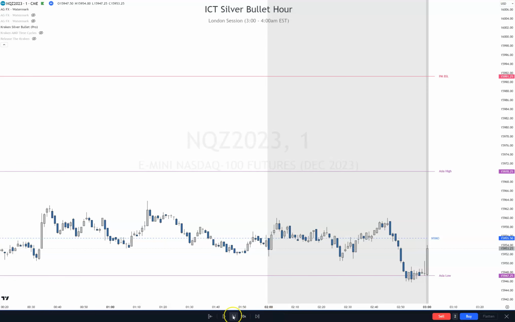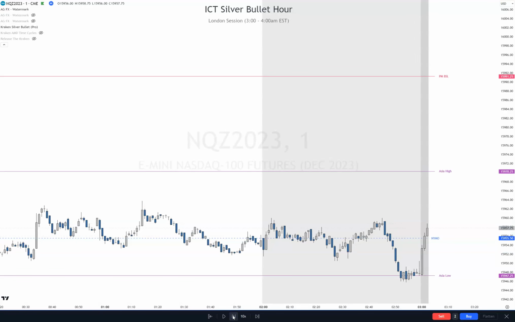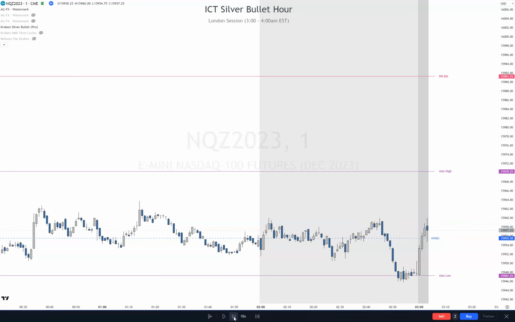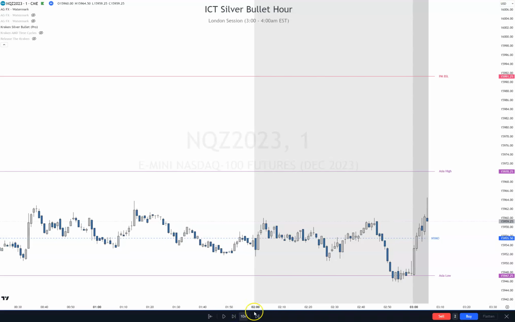so let's go candle by candle here and see what happens. Obviously, I need this to be taken for a market structure shift. Well, that took it, but okay, now we clearly have a market structure shift here.